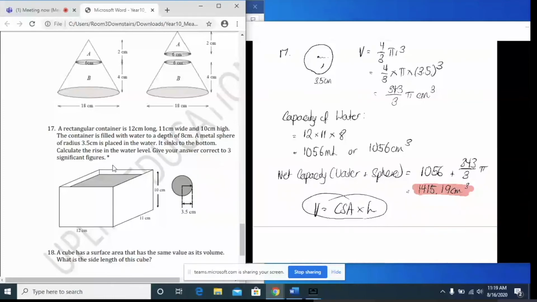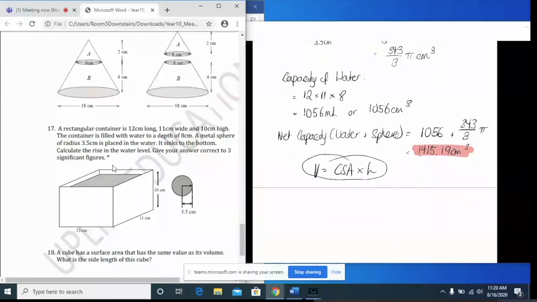If we decide to sub that into our formula here, which is V is equal to SCA, and then we figure out what our cross-section is going to be equal to, I think we can now figure out what our height is going to be. So let's go ahead and do that. I'm going to sub my capacity into volume. 1,415.19 is going to equal the cross-section, which is 12 times 11 times my height. That means that my height, therefore, is going to be given by 1,415.19 divided by 132.